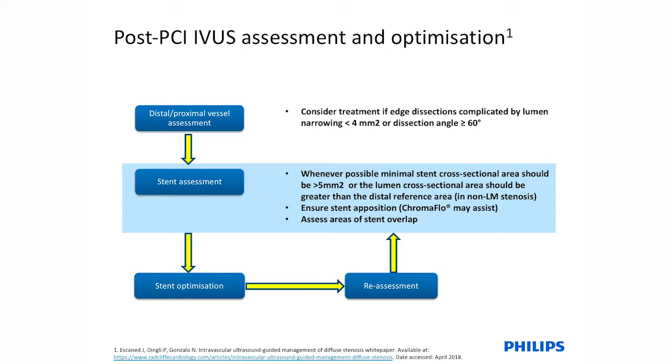Now, regarding the stent assessments, we have discussed already how to assess the proximal and distal vessel. We now concentrate on looking at proper expansion and apposition of the stent. As we mentioned before, in diffuse disease, one of the problems is that it is rather easy to have lower expansion of the stent in a specific spot, and you should be concerned in general if the luminal area in these locations is less than 2 square millimeters.